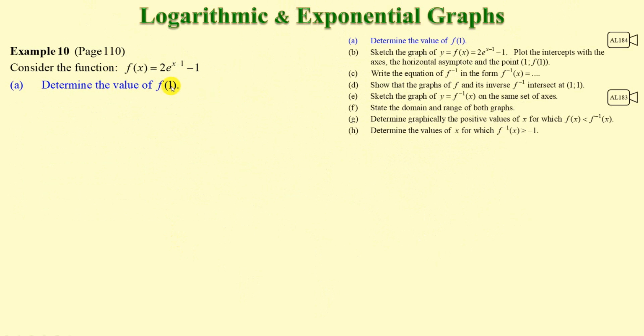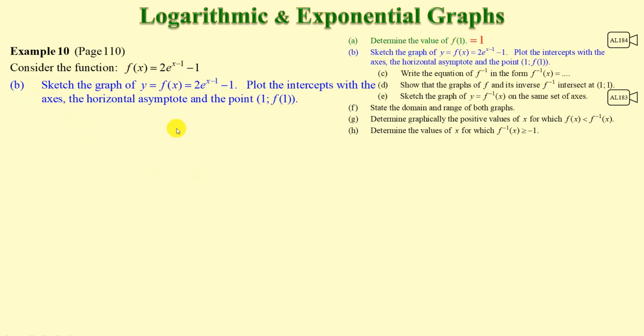And of course, to find the value of f of 1, we just substitute the value of 1 for x. Solving, we get y equal to 1. So f of 1 equals 1. Let's put it there for now.